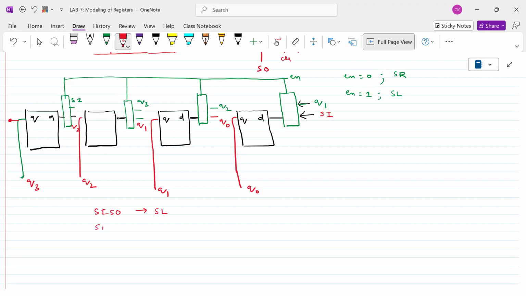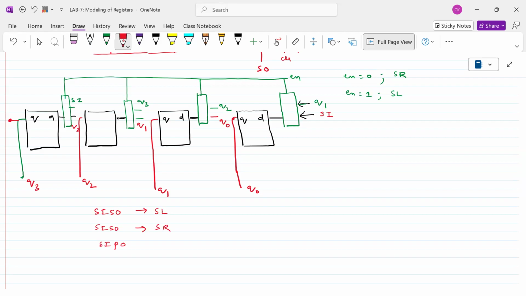If you take the output at this place, for example, then it is a shift right operation. If you want to take the output at all the places, applying only a single input and taking the output at all the places, then we can call this serial in, parallel out. Where you are taking the output is important also.